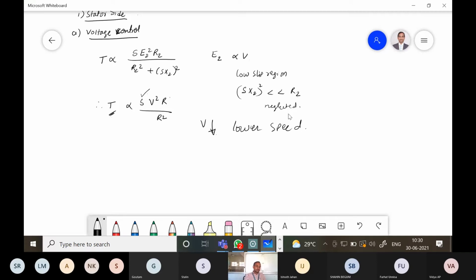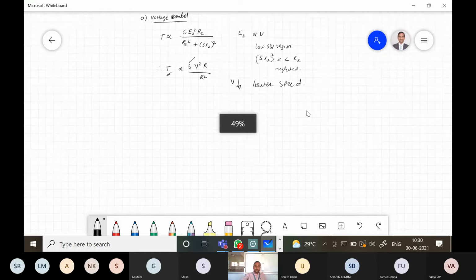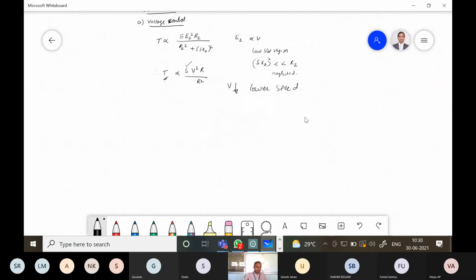And the stator voltage can be varied by some power electronic devices also, so we can control the speed of the motor. Suppose this is a three-phase induction motor. So R phase, Y phase and B phase are there.